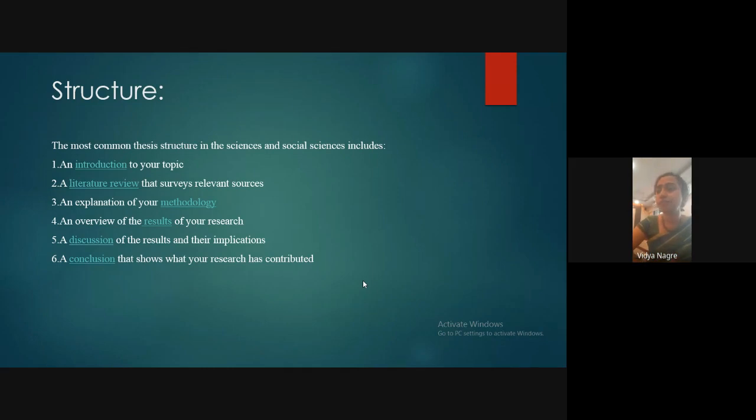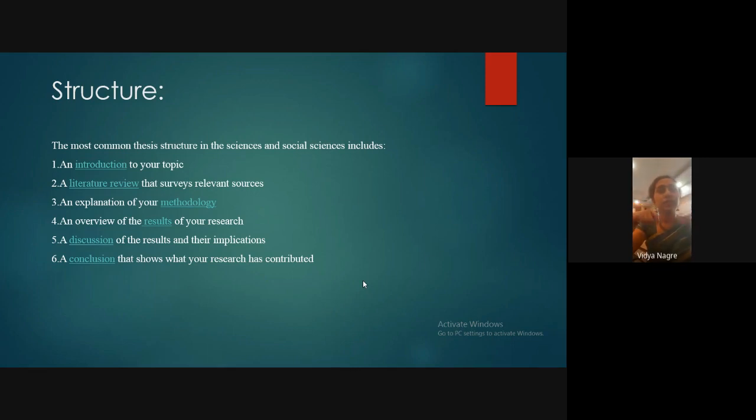Then comes the result section. Before the result, after you explain the methodology, you have to go for the analysis of your data. If you have a huge amount of data, you can separate it into different chapters, find out commonality, and then all those common things will be discussed in one particular chapter and others in another chapter.